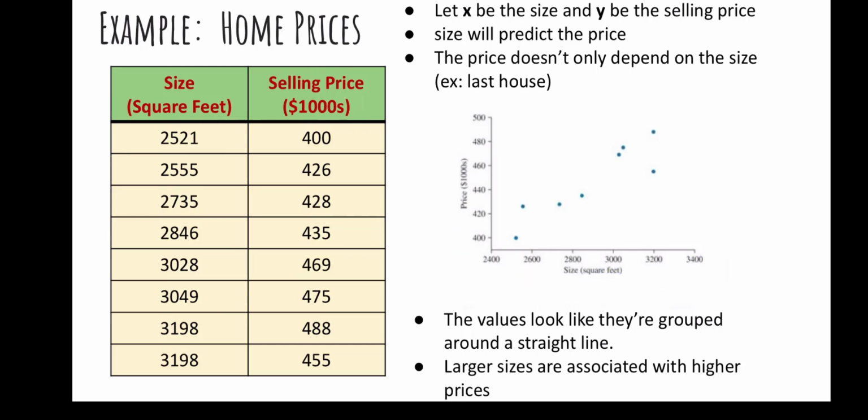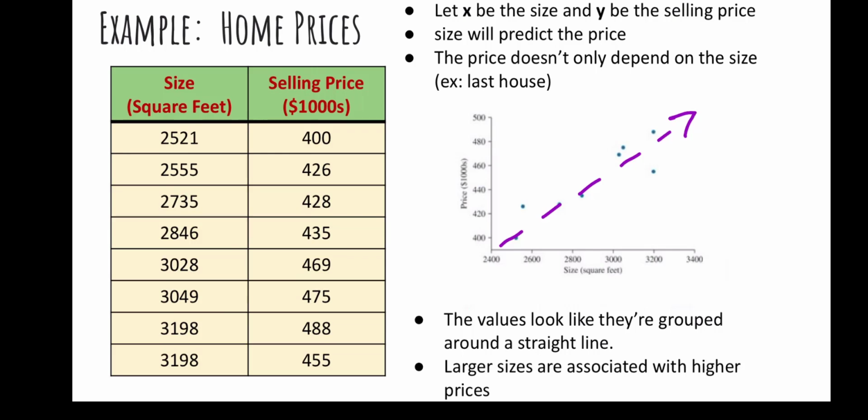If you look at the points, you can tell they're trending in a certain direction. The farther to the right we go, look what's happening to the points. They're going up. So it looks like they're kind of grouped around a straight line. If you follow my little blue dot, I'm drawing a straight line that these points are kind of trending around. I'll just draw a dotted line there to represent that.